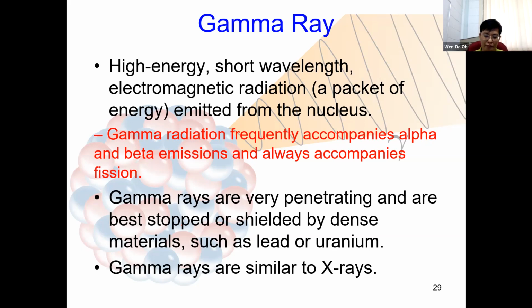The reason I bring this up is that most of these isotopes, when we take them as a medicine, will not release only alpha particles or beta particles or gamma rays. Generally, isotopes release everything. A particular isotope can release gamma rays and beta particles concurrently, and most of the time this is the case.